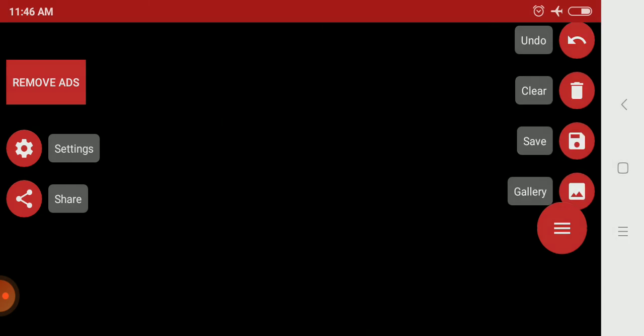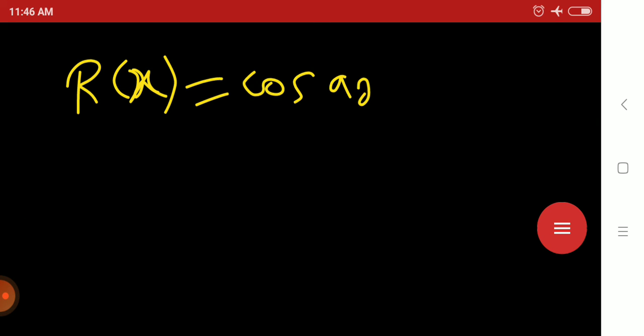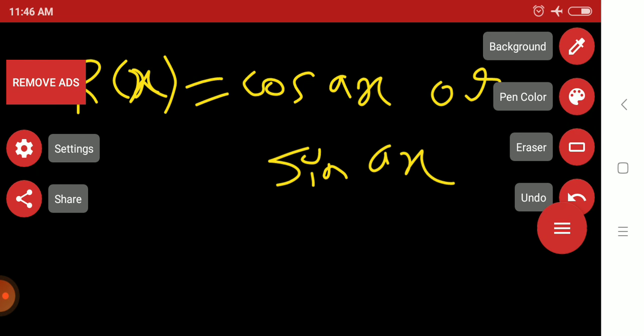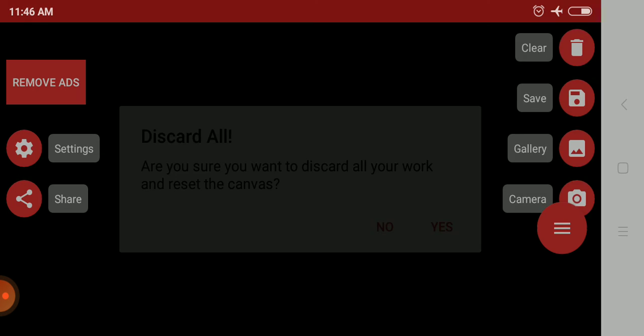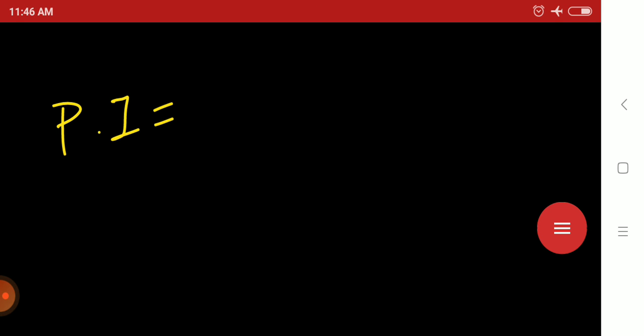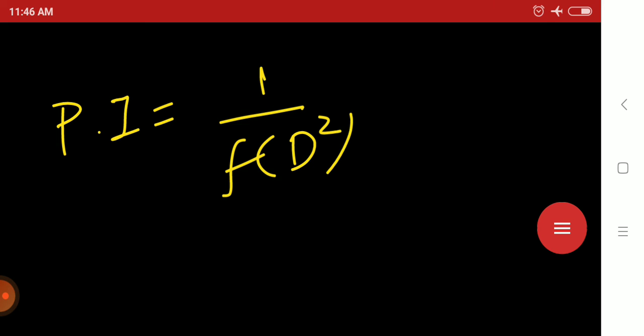Similarly, in the next case, if we get R(x) equals cos ax or sin ax, in that case the particular integral will be 1 by f of D square into sin ax or cos ax.